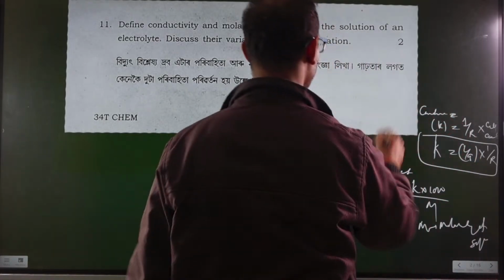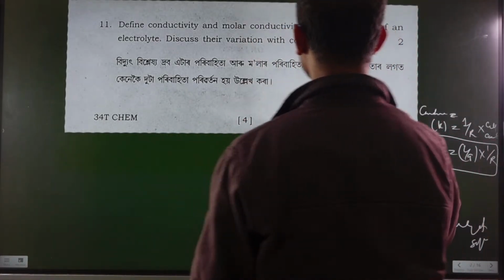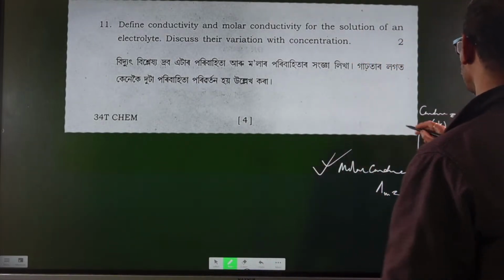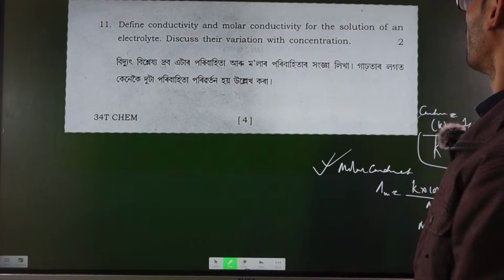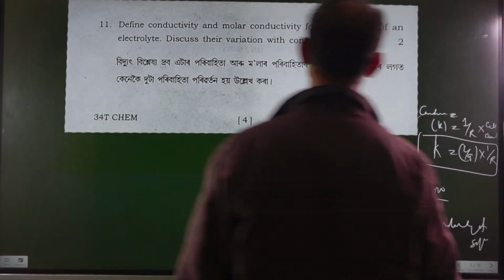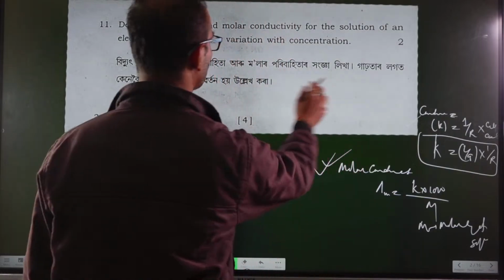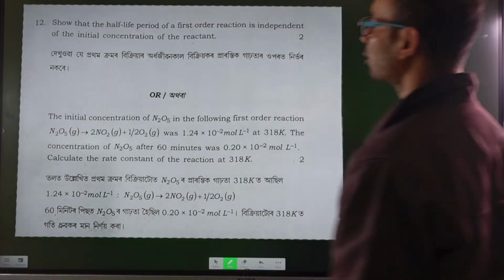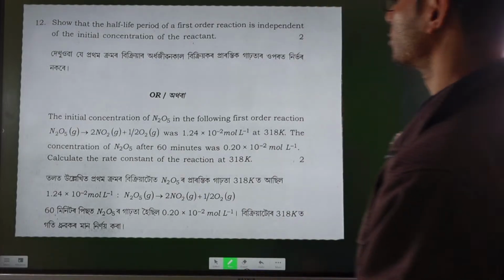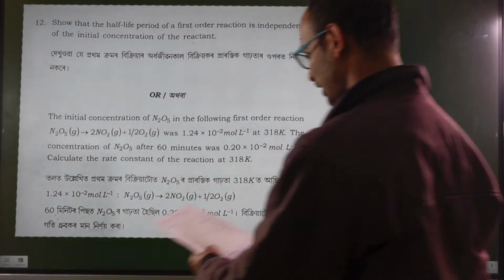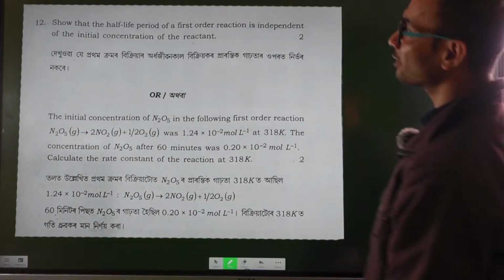So from here you can write the expression using the molarity, molar conductance and your conductance. With dilution, molar conductivity increases, so conductivity will also increase. That is the relationship.